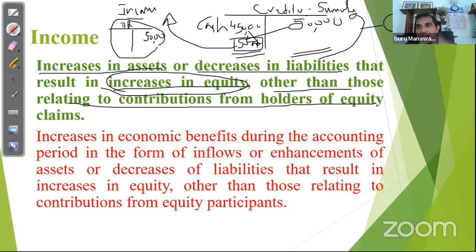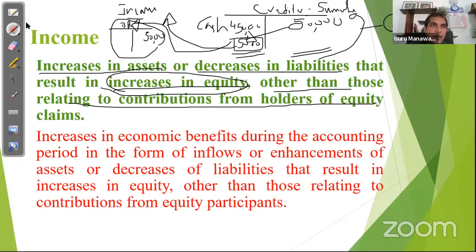That increase should be identified as an income. Don't memorize accounting. Accounting is a very thinking subject; anything we can think through, we can identify and understand. Accounting is a very interesting subject.